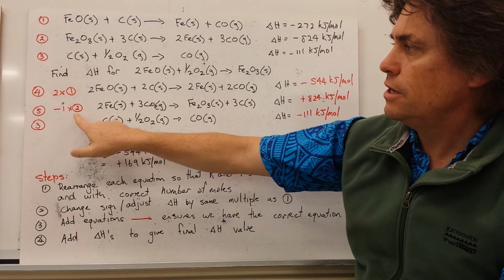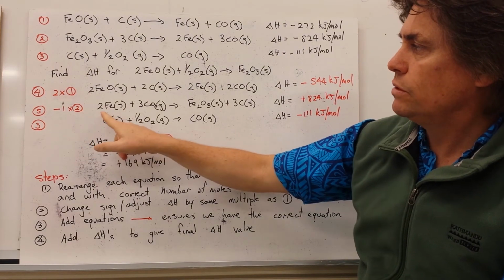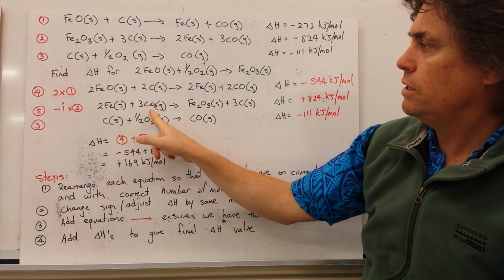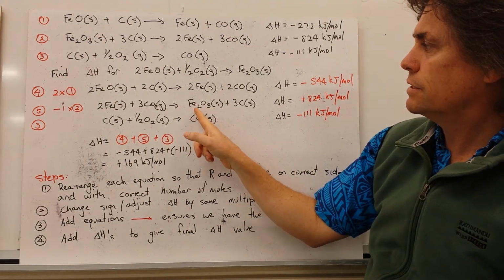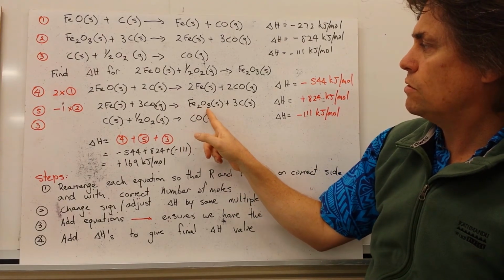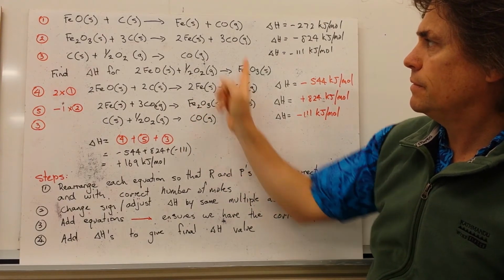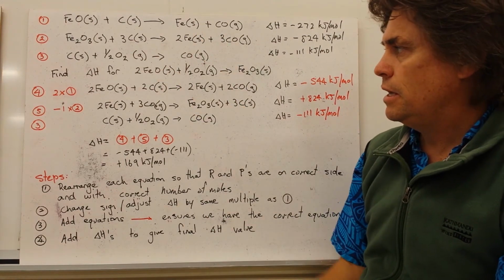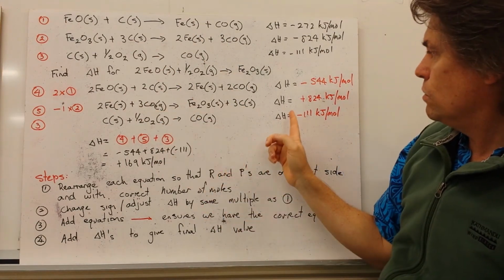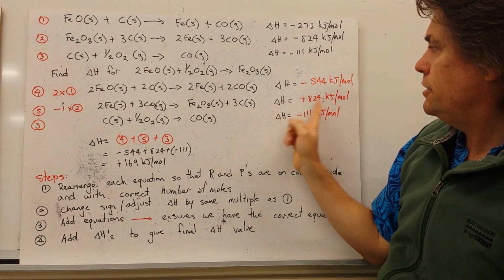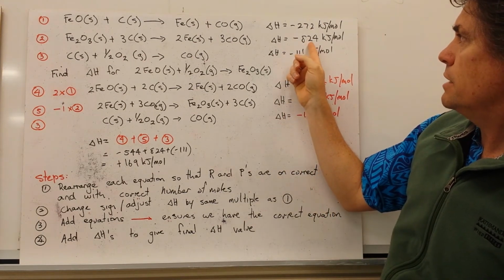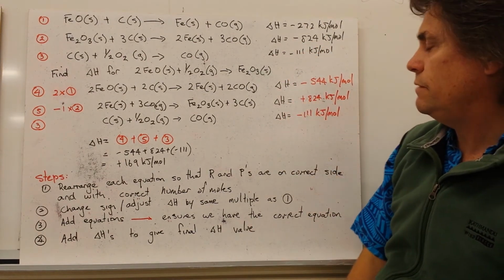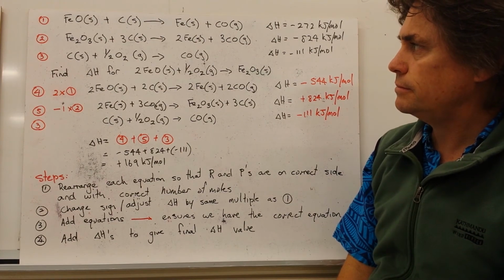So minus 1 times reaction number 2 will give us 2 lots of iron plus 3 lots of carbon dioxide, gives us the 1 lot of iron 3 oxide and 3 lots of carbon. We've switched this around. If we switch the reaction, we also need to switch the change in enthalpy. So we've gone from minus 824 to plus 824 kilojoules per mole.